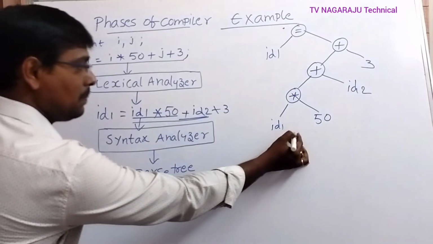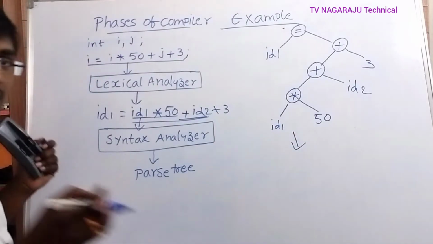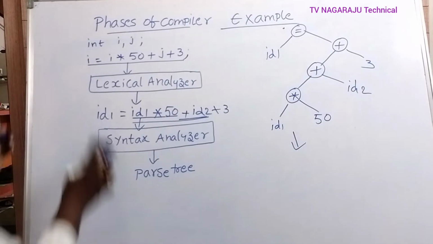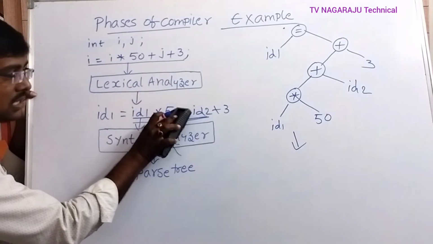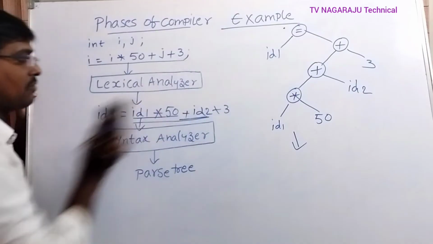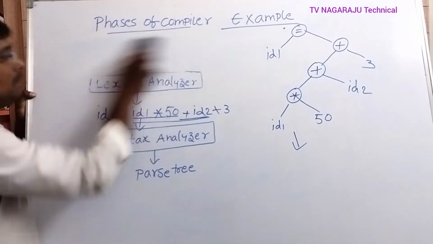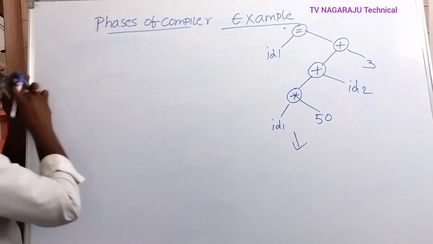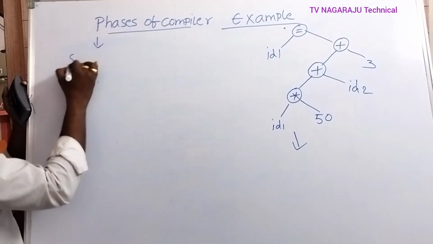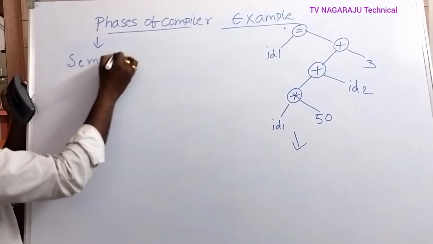Now, I am erasing this one, the outputs of two phases, lexical phase and then syntax phase. Now this parse tree is produced as input to the semantic analyzer.